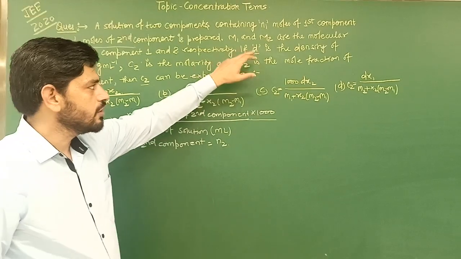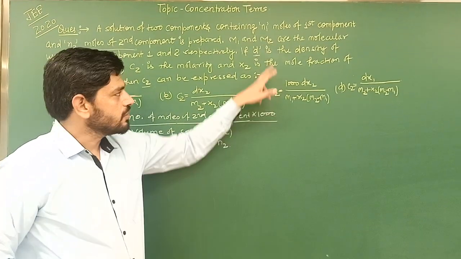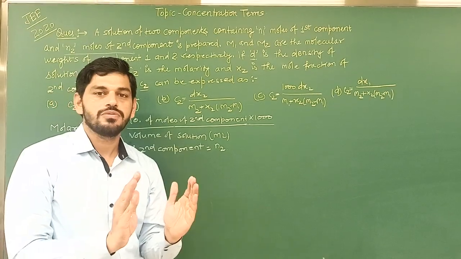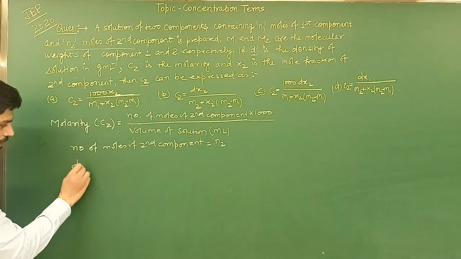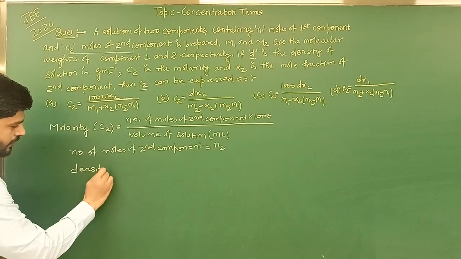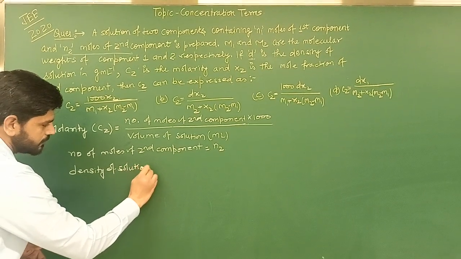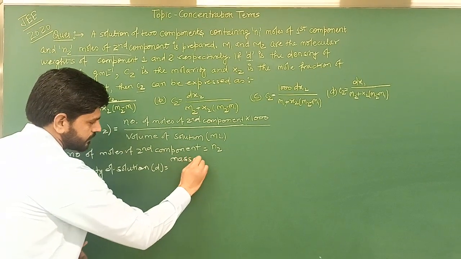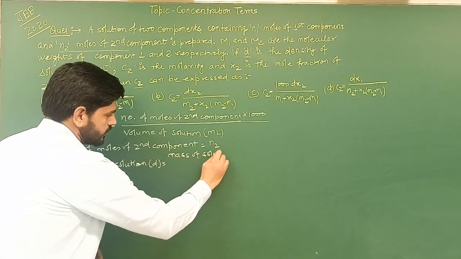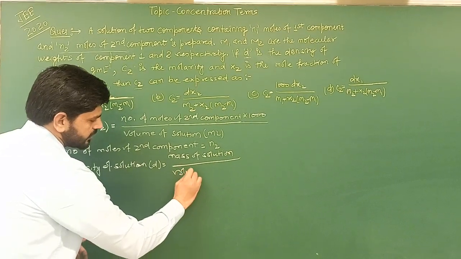How can we find out the volume of the solution? We can find it by using the density, because density of the solution is nothing but the ratio of mass of solution to the volume of solution. So density of solution is equal to mass of solution divided by volume of solution.